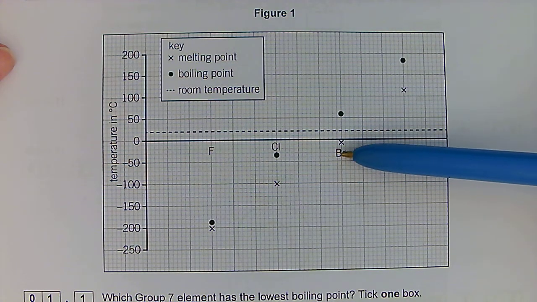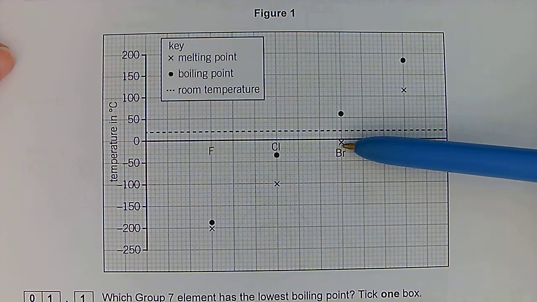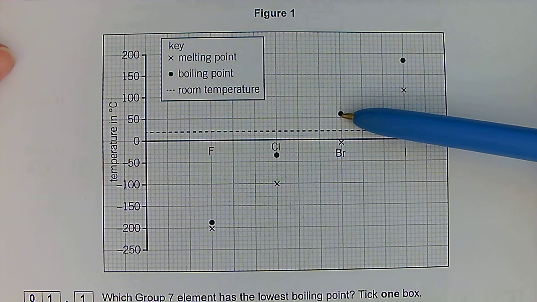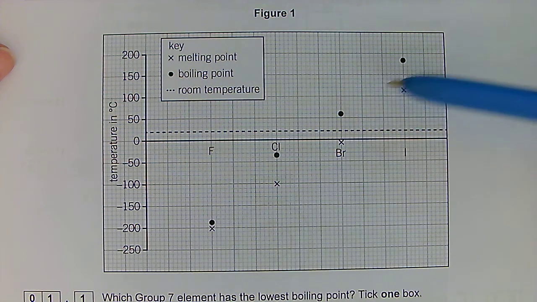As we warm up, bromine is still a solid here, and it turns into a liquid when we get to about minus 5, minus 10. Okay, so it'll be a liquid, and then as we heat up it'll still be a liquid until we get to about 60. So at 60 degrees C it will then boil and it will become a gas.